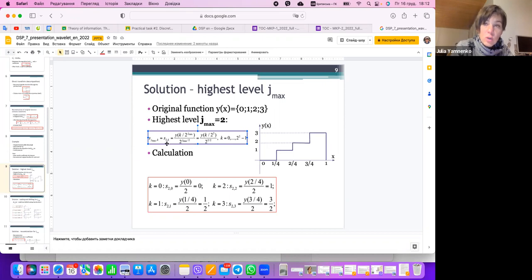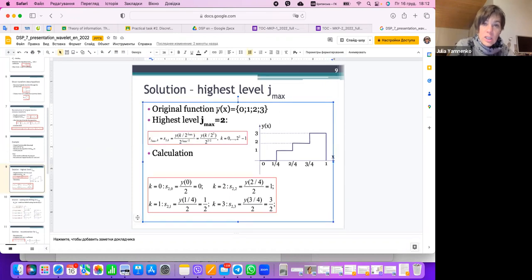So we have S2, comma, K. And it depends on the value of the original function from our example, from y from x. So it will be y from k over 2 to the power 2, and in the denominator we have 2 to the power 2 over 2 again.